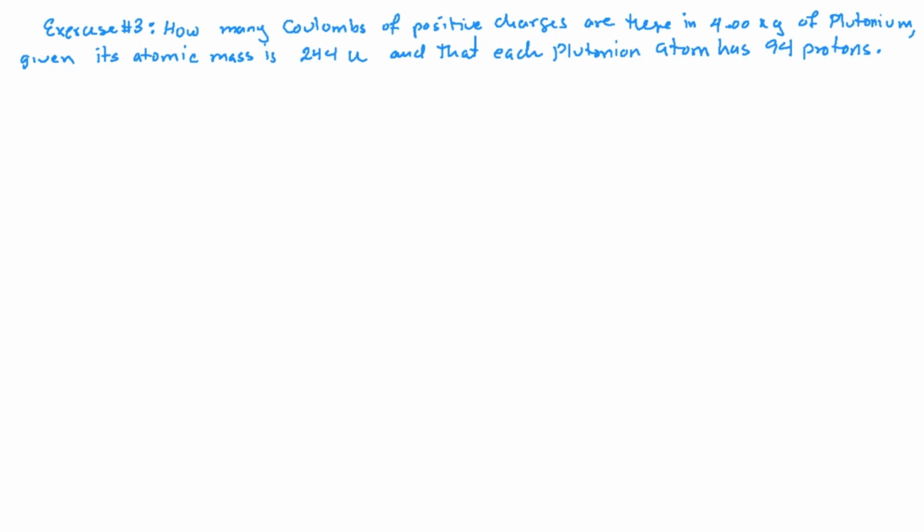So how many coulombs of positive charges are there in 4 kilograms of plutonium, given its atomic mass is 244, and that each plutonium atom has 94 protons? So what is the information that is given here? We know the mass of plutonium.